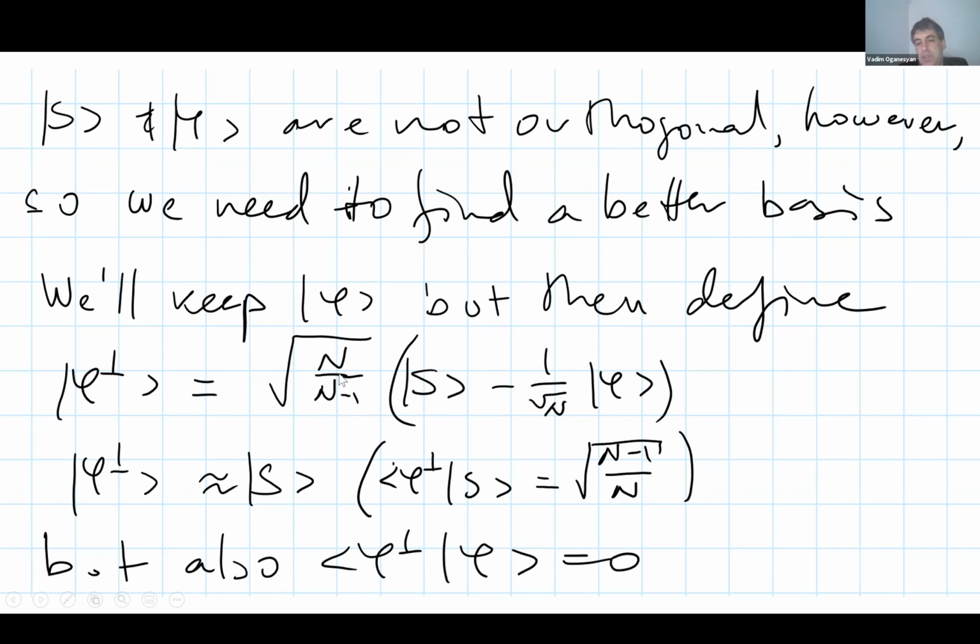So this is the formula. You should check that. You will check that. And you can see that it's basically S in the large n limit, but not quite. The important equation that you're solving here is that phi perp and phi are exactly orthogonal, not approximately, but exactly.